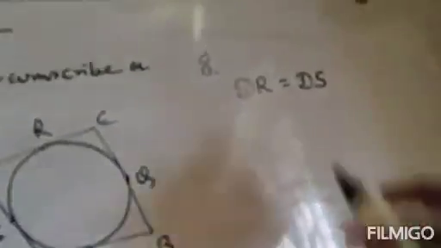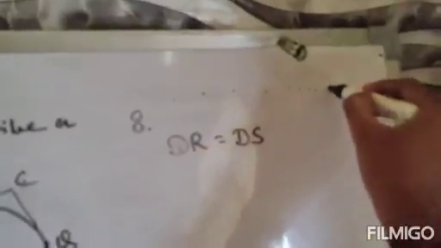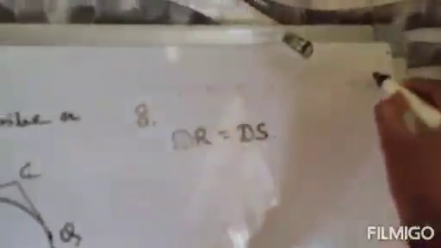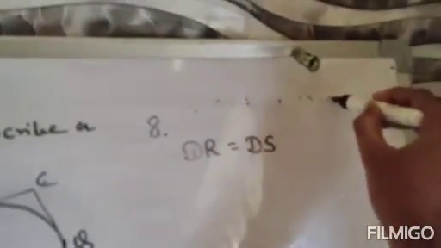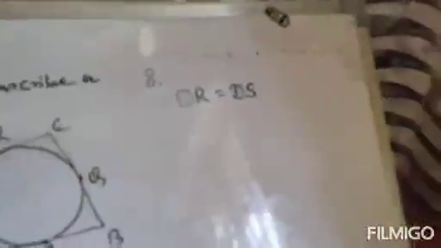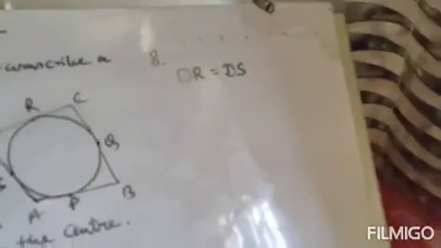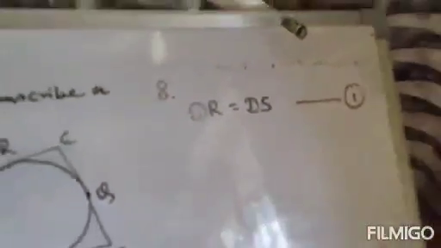Clear? Just write the statement here: length of tangents drawn from an external point on a circle are equal. Then write DR equals DS. That is equation number 1.